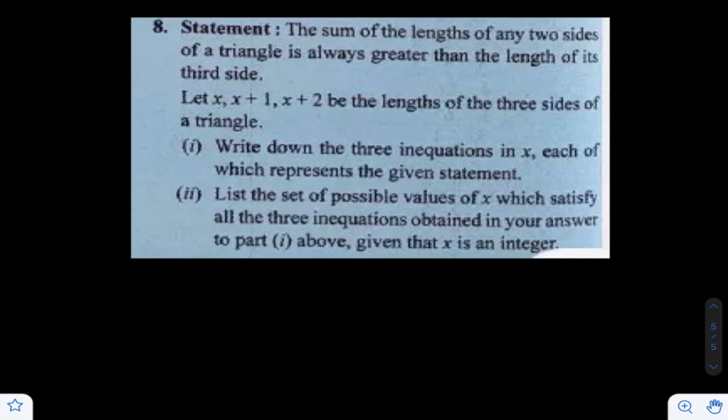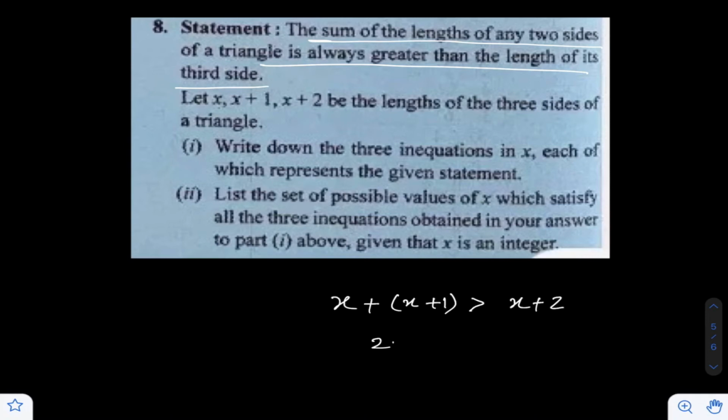Now what is the given statement? That sum of any two sides of a triangle is always greater than the length of the third side. Now you can take any two sides. Let's suppose I am taking first two sides, x and x plus 1, and the sum of these two is always greater than the third side.